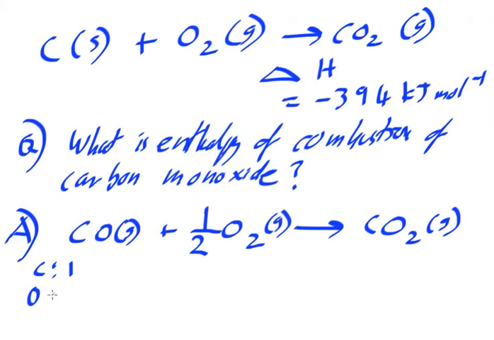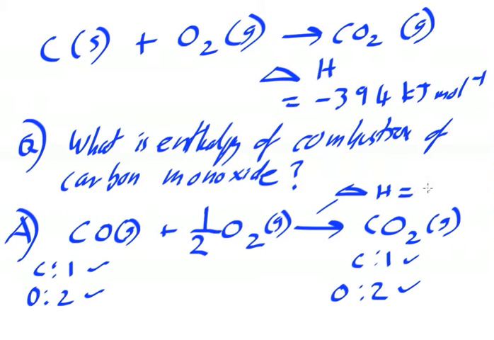Half times 2 is 1, so there's 2 of them, and on this side C is 1 and my oxygens are 2. So everything's balancing now. But the delta H for this is unknown. We don't know what it is.